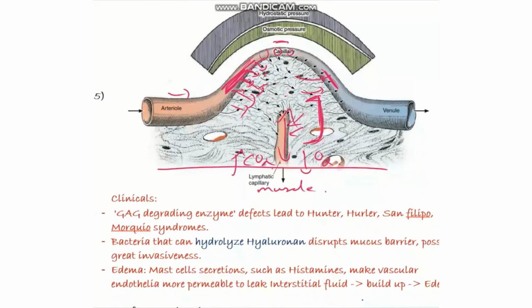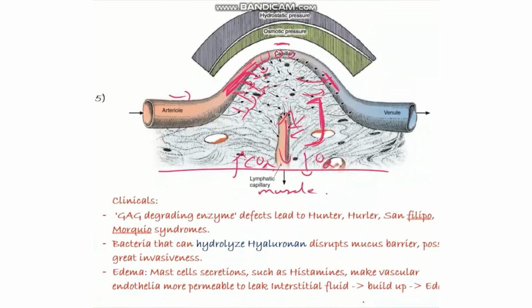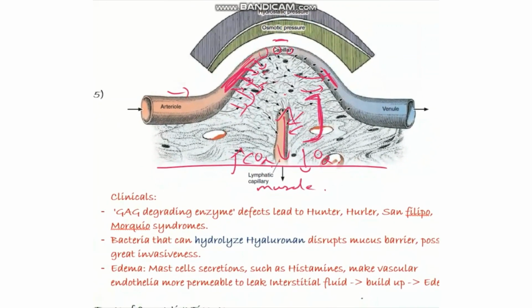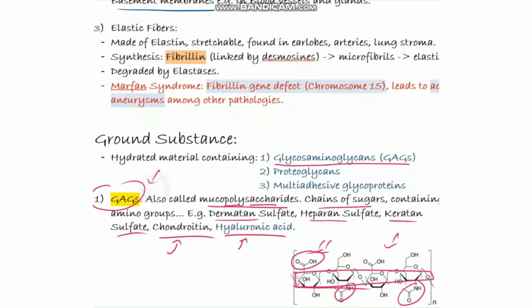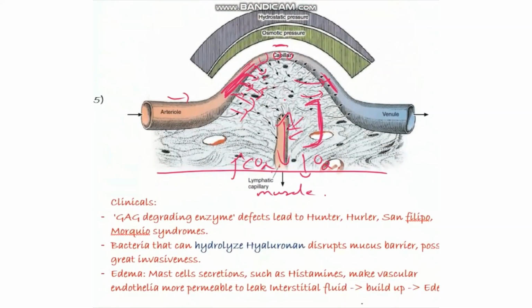All right, so let's discuss some clinical correlates. So GAGs, we discussed that a component of the extracellular matrix is the ground substance, and ground substance is made up of three major things: the GAGs, the proteoglycans, and the multi-adhesive glycoproteins. And GAGs we discussed in detail.